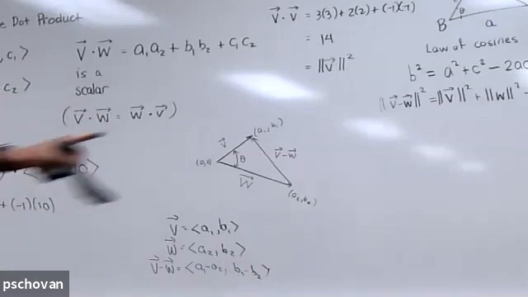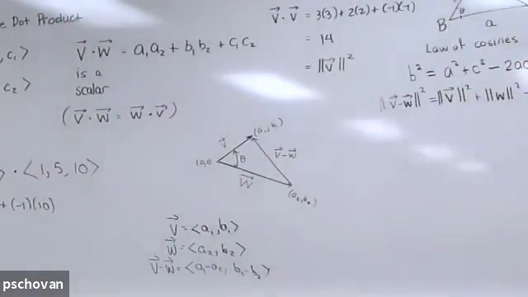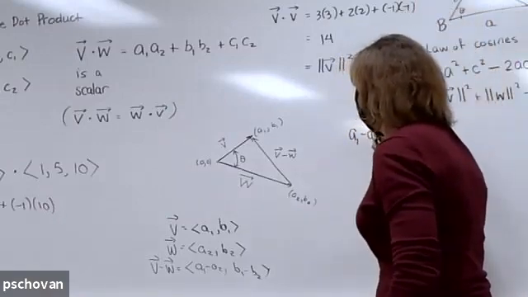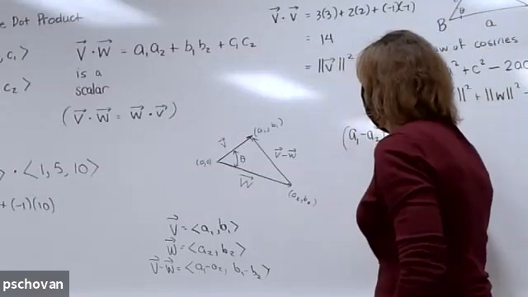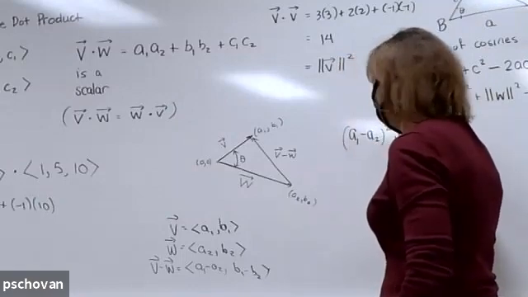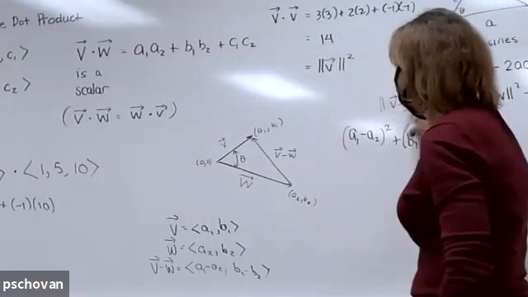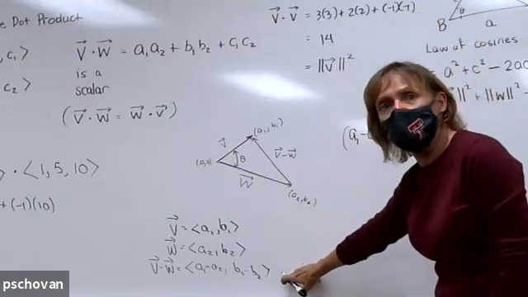And so if I actually found these lengths in terms of A, B, and the cosine of theta, we would have A1 minus A2 squared plus B1 minus B2 squared. That's the magnitude of V minus W squared.